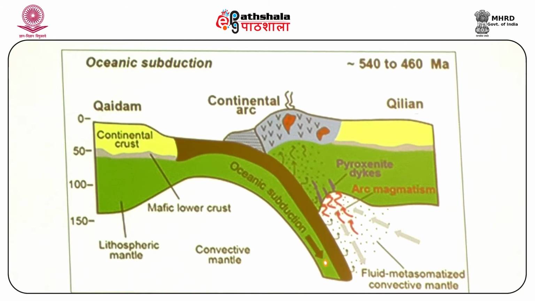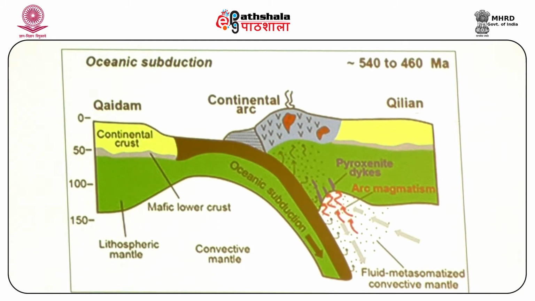As it subducts down, this part of the ocean crust will interact with the water here and get hydrated. As it goes down, it is under pressure, so it releases those fluids, okay, and you can see that these fluids are moving. So, they go, and then this is known as the mantle wedge.